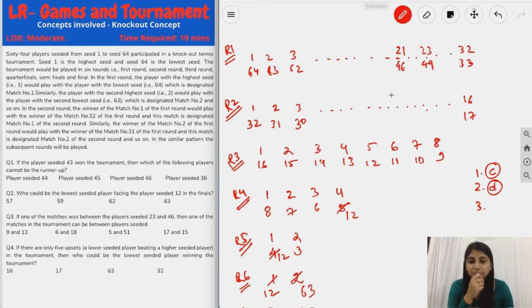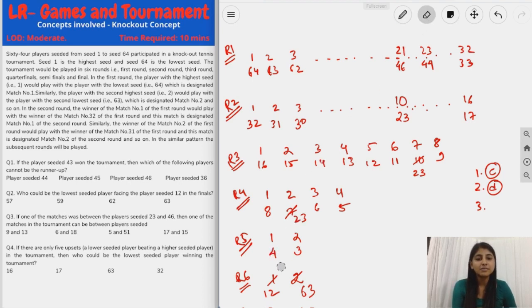All right. Now here we see 23 is playing with whom? 10. In this round, 23 plays with 10. Suppose 23 takes 10's place and goes forward, then 23 can be taking 7's place, and then 23 can be taking 2's place, and here also 2's place.